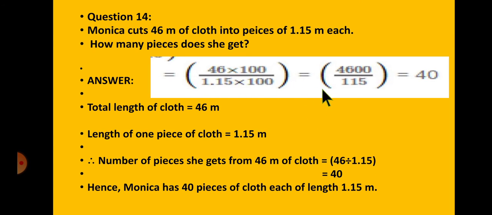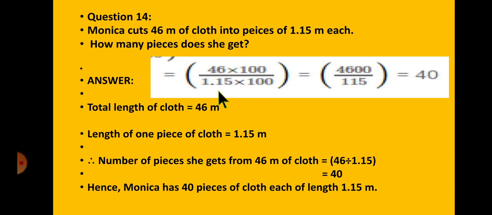You can see here, when we have a decimal in the divisor, we have to convert the divisor from decimal form to whole number form. How do you remove the decimal? You just see how many digits there are after the decimal, and multiply accordingly. Now after the decimal there are two digits, so we multiply by 100 in numerator and denominator.